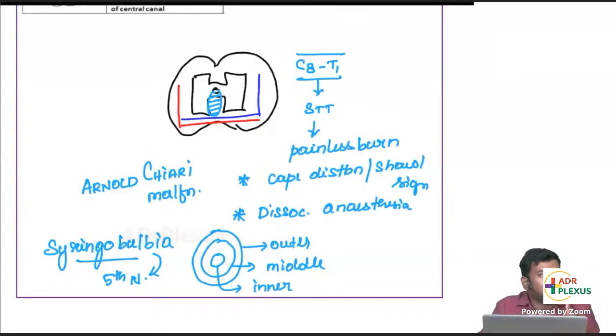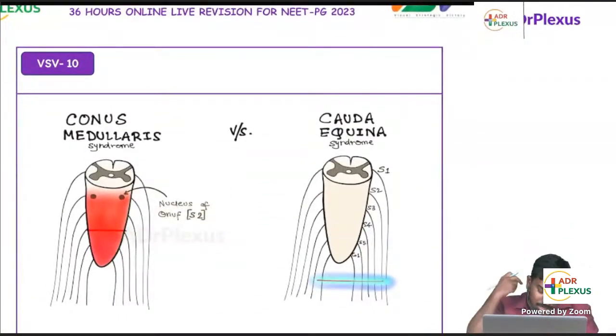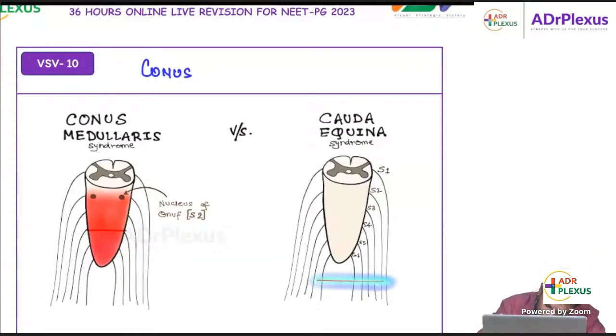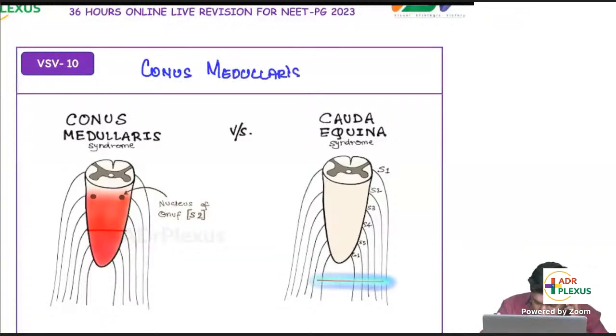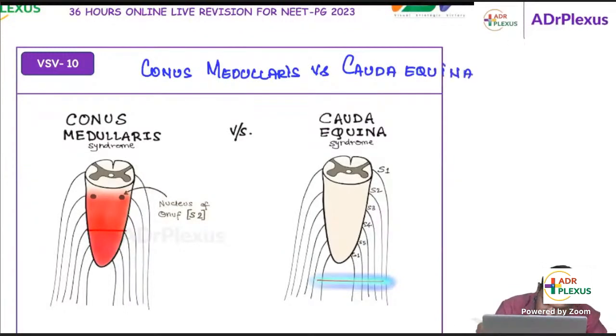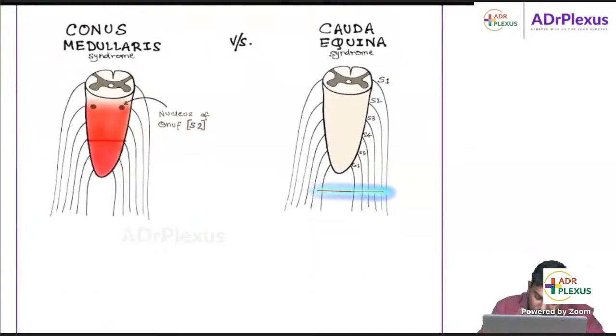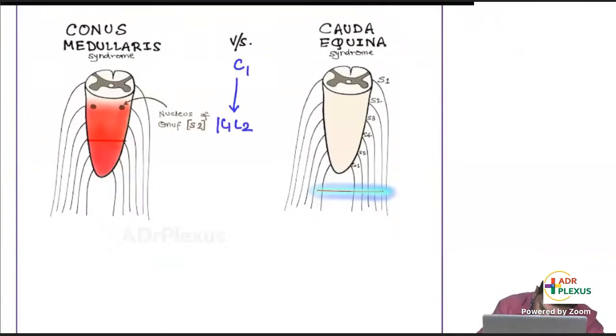Now we are going towards the end of your spinal cord. What is the end of the spinal cord called? Conus medullaris versus cauda equina. Yes? Okay. Now, your spinal cord extends from the C1 vertebra and it ends at the level of the L1, L2 vertebra.